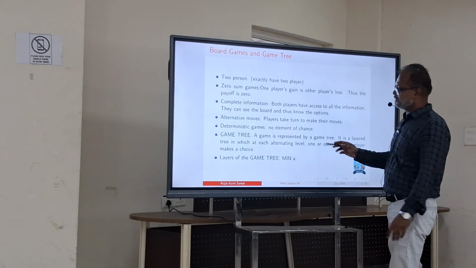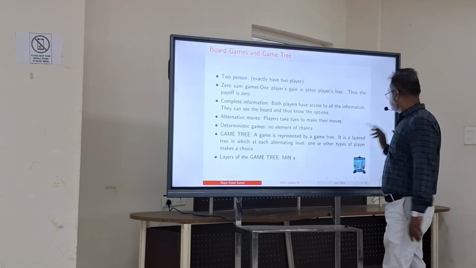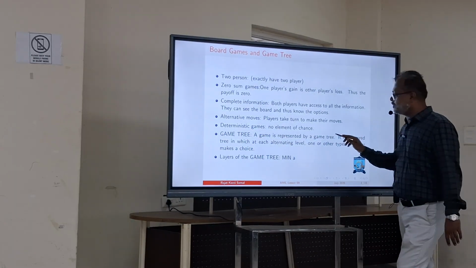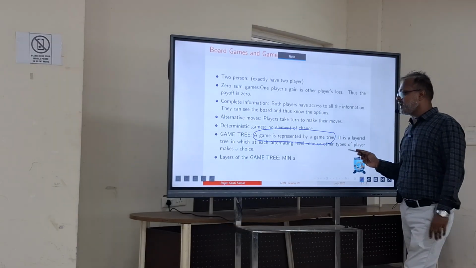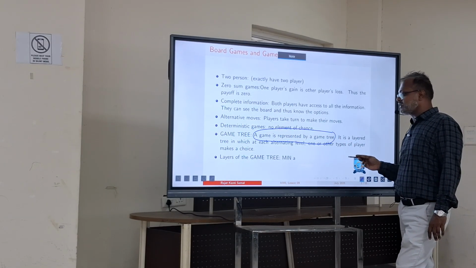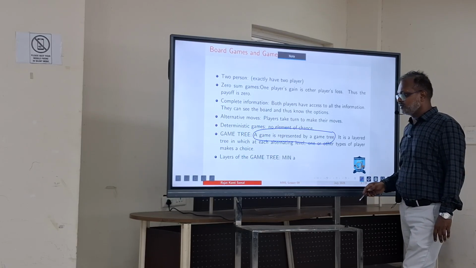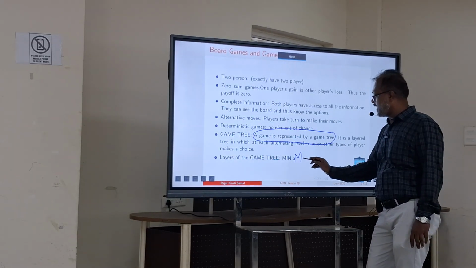Game tree. So what is a game tree? A game is represented by a game tree. It is a layered tree in which at each alternating level one or other type of player makes a choice. Layers of a game tree are min and max.